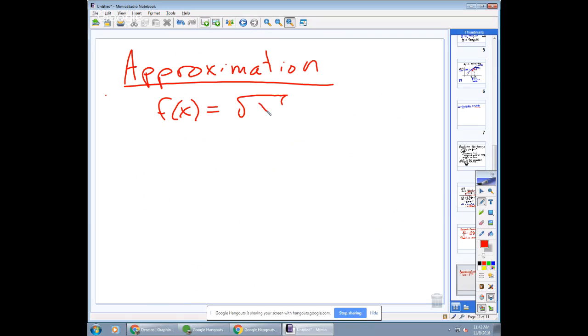So let's say we have the function f of x equals the square root of x. Okay. What's f prime? One half x to the negative one half, or one over two square root of x. Yeah, so we have those two versions of it. I'm going to go with the second one. Okay.